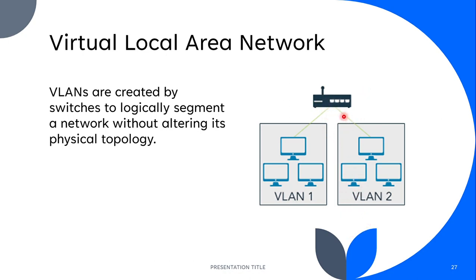Even though the switch can be in the same rack and you run cable to them, it's possible for you to create different LANs inside that particular switch. So that is called a logical segmentation.